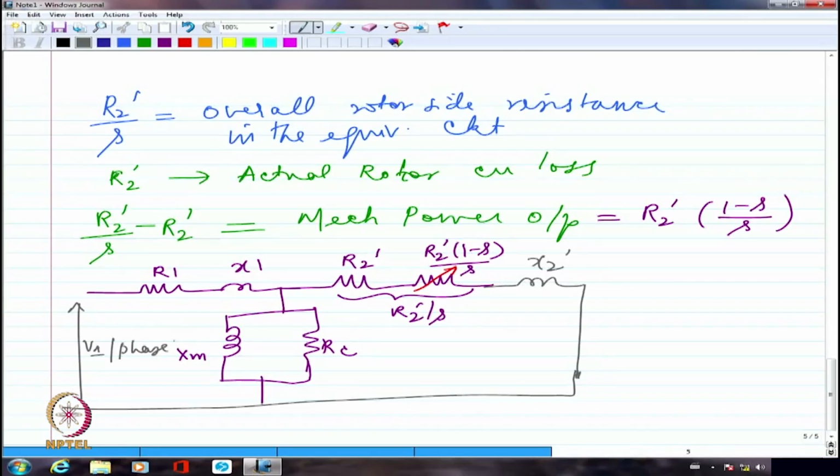Now I should be able to write, this is I2 dash, this is I0, which is the no load current, and this will be the summation of I2 dash plus I0, which is I1, right? Is this clear? This is the overall per phase equivalent circuit of the three-phase induction motor, from which we will calculate everything for three phases by multiplying by 3.